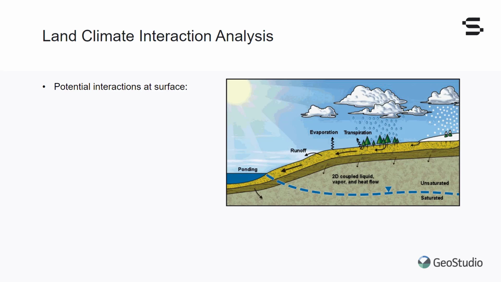Interactions at the ground surface can be quite complex, but are often an important consideration for soil cover design or for determining changes in stability due to infiltration. There are several processes that contribute to water movement at the surface. These include precipitation, snowmelt, evaporation, transpiration, runoff, and then the associated infiltration into the domain, which, as shown in this image, can contribute to flow in just superficial layers or can contribute to deep percolation.